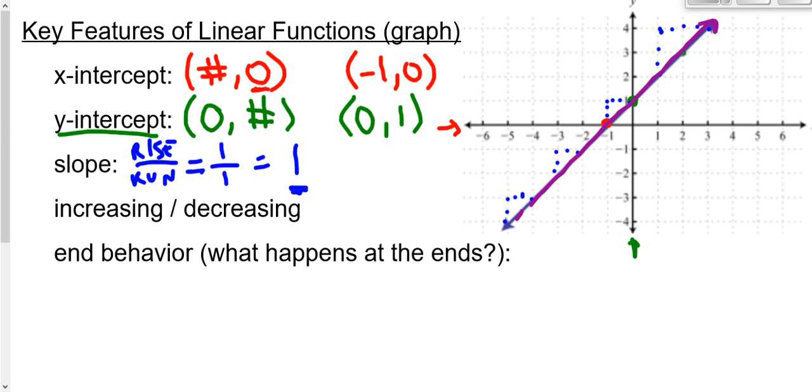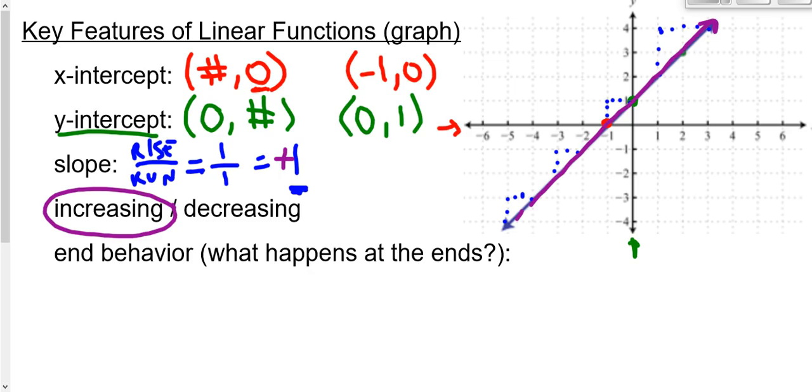My y values are getting bigger. So if I was slope dude going along this function, I would always be moving higher and higher and higher. So this function is increasing. And the way that we can tell this is going to be increasing is because its slope is positive. So because this slope is a positive one, that means my function is increasing the entire time.